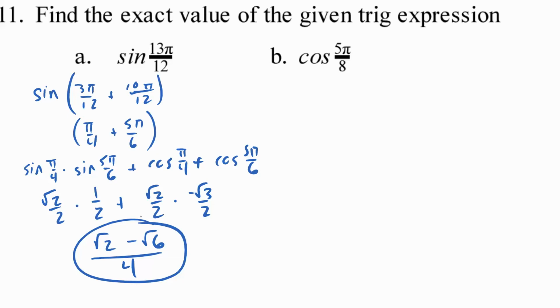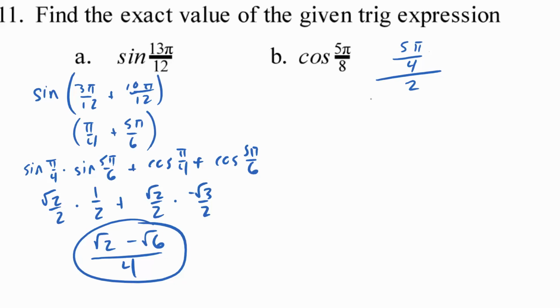And then right here, the cosine of 5 pi over 8, that one we're going to want to use a half angle formula. We want to call that 5 pi over 4 over 2, so it's half of 5 pi over 4.